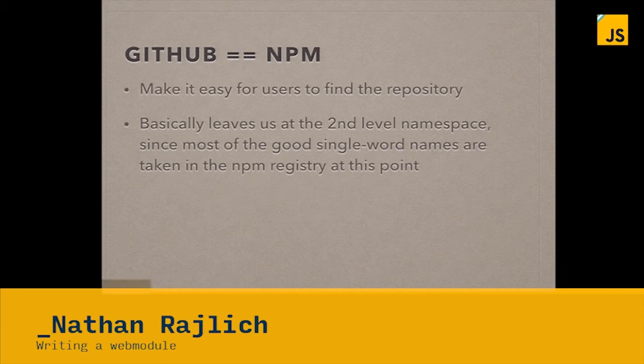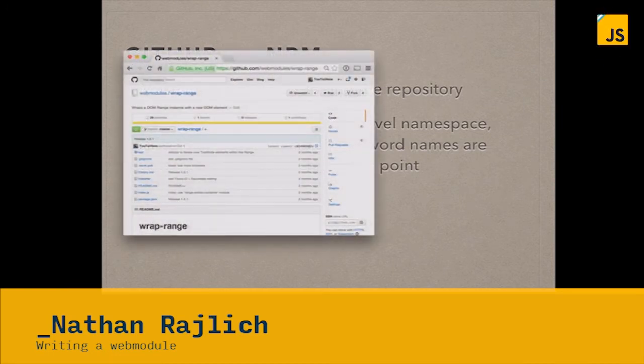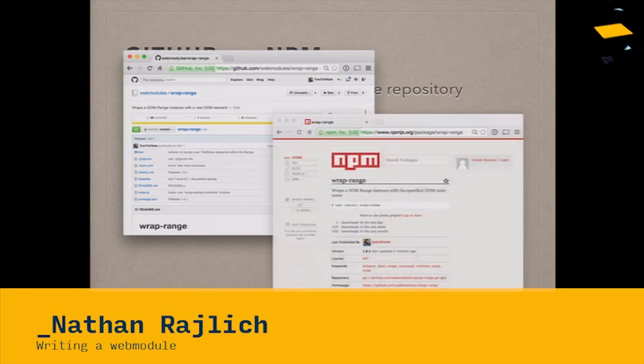We had to figure out a name that uses 2 words, basically. But this ends up working out decently because we get a nice noun-verb convention. And so there's a little bit of consistency there. So GitHub, wrap range, and then NPM, same name. Everybody's happy.